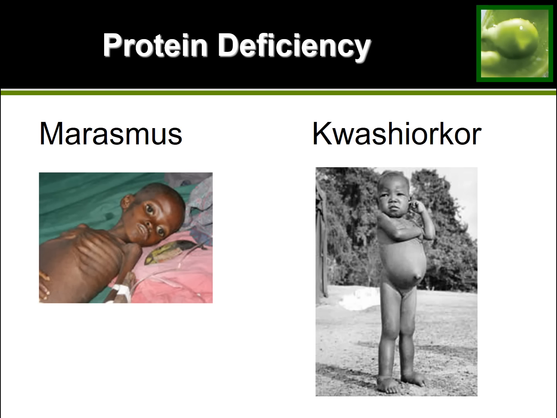And in that situation, they're still going to have loss of their tissues, but it is going to be at somewhat of a slower rate because they do at least have enough calories. But one thing that you'll notice, if you look at this child, the arms are very, very thin, but then the stomach and the legs look bigger and more full.